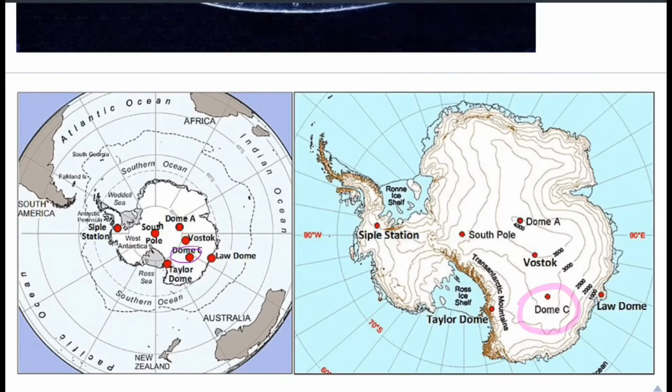Another famous site that's also provided a lot of data, this one with 400,000 years of data, was extracted from the Vostok site, which you can see in those two locations there. Both of these are maps of Antarctica. One shows more of a world view, one shows the Antarctic view, but you can get an idea that there's this dome that creates lots and lots of layers of ice that we can then drill down to, extract those cylinders, and then analyze the data.